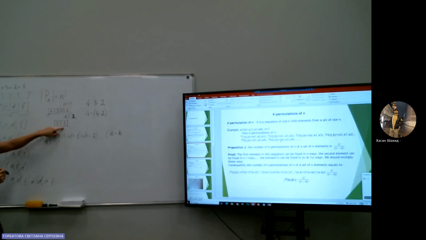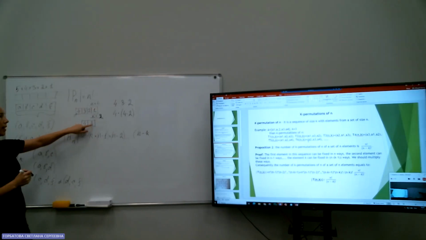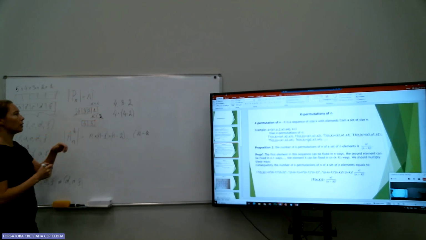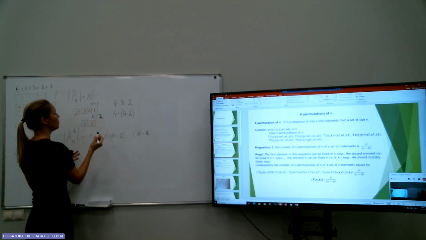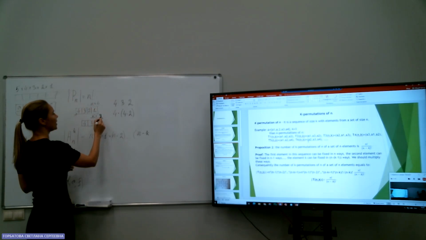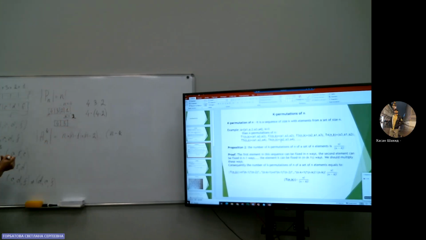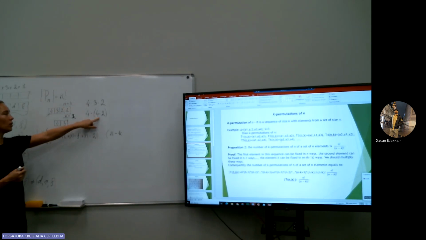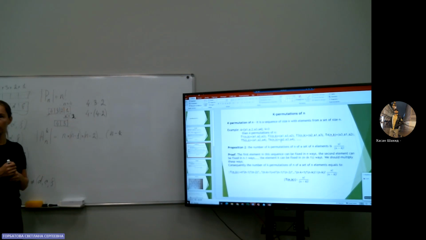Because the last element, k bigger than 1, yes. So I need not n minus k, but n minus k plus 1, yes?